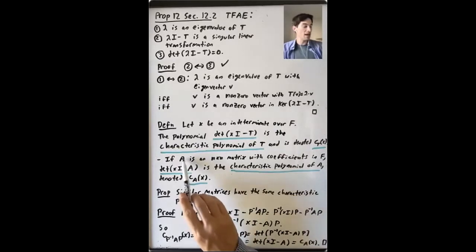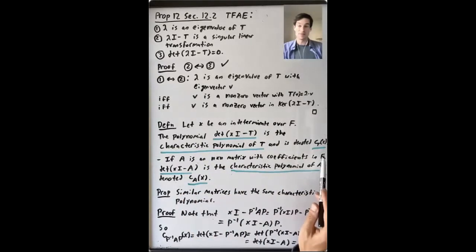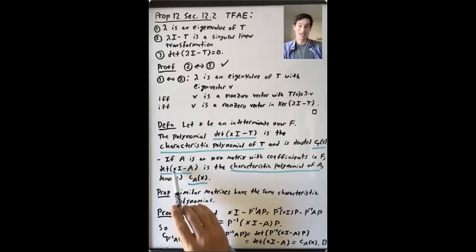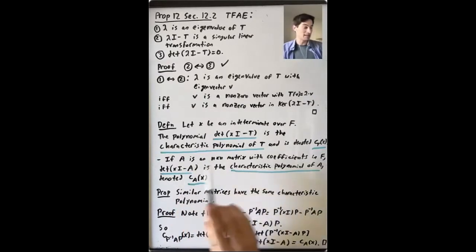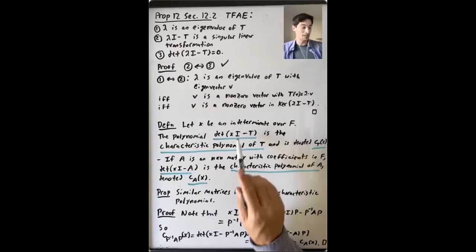So if we have an n by n matrix A with coefficients in F, we can take the determinant of X times I minus A, where now this I is the identity matrix. Here, this I is the identity linear transformation.